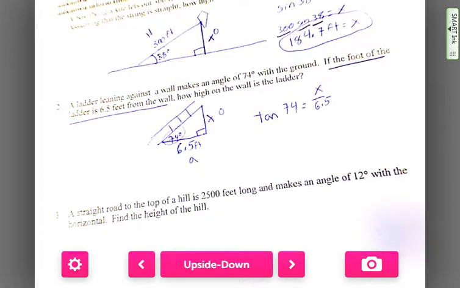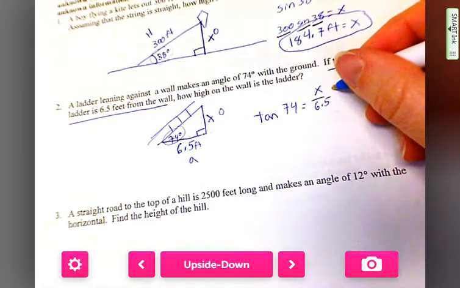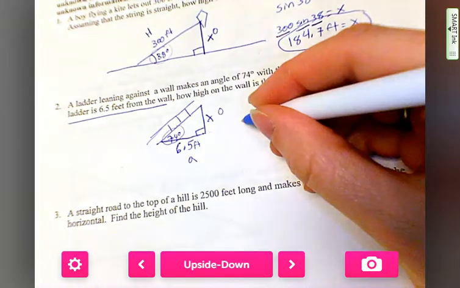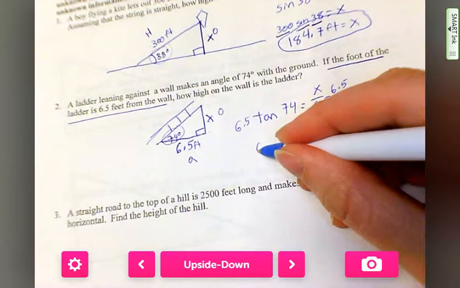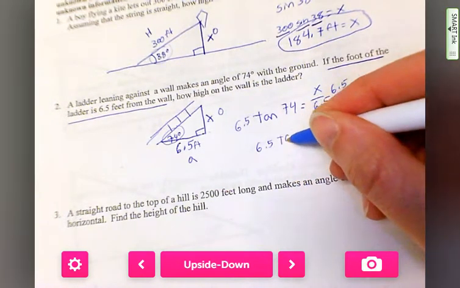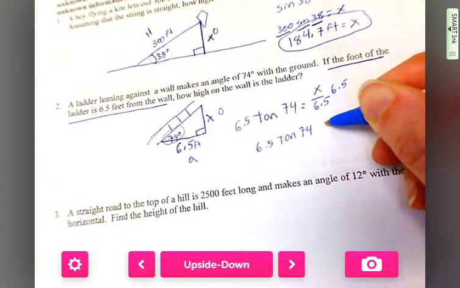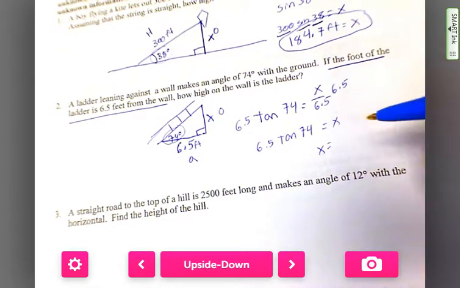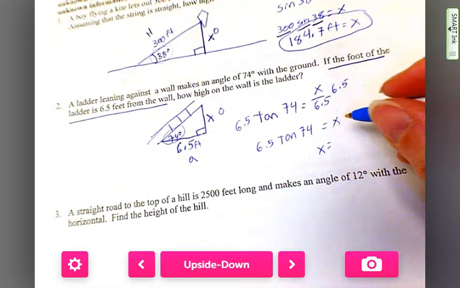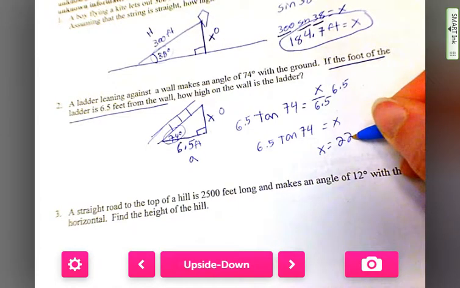All right, ready? Okay, let's multiply 6.5 on both sides, right? So we should put in our calculator 6.5 tan 74 equals x, so x should equal 22.67. You get 22.67 feet.